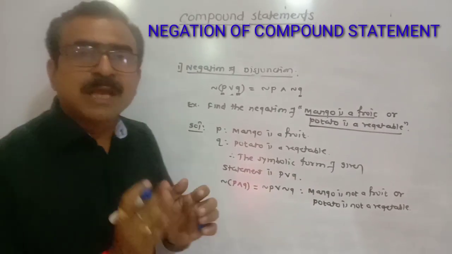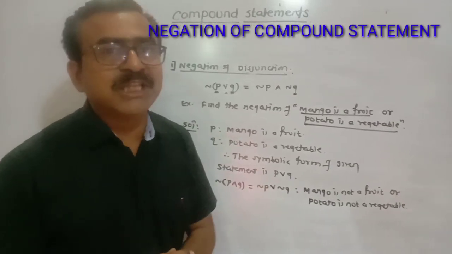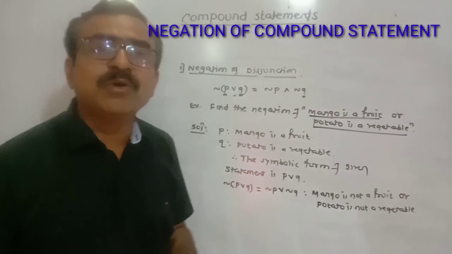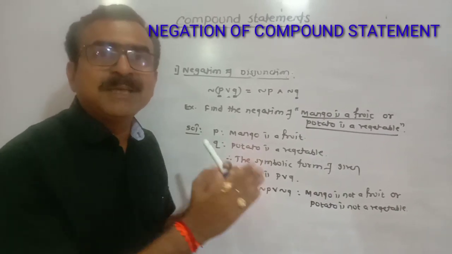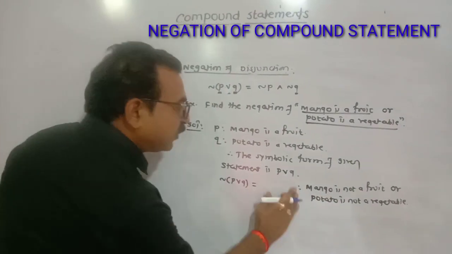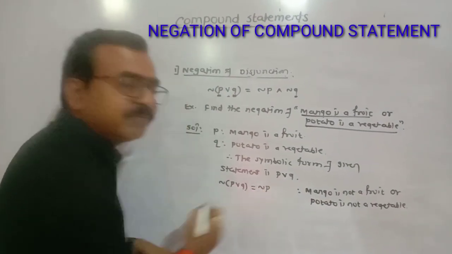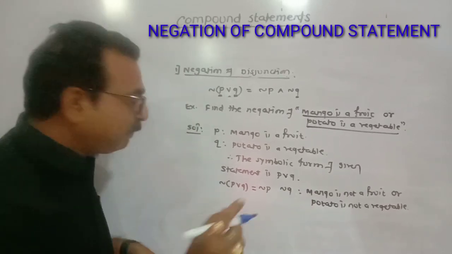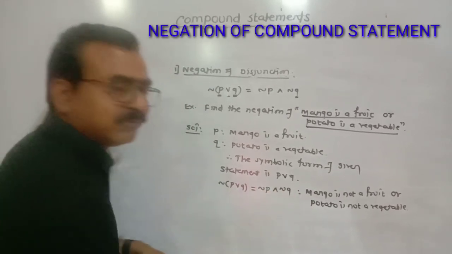Okay, now you have to find out the negation of the disjunction. So from the previous knowledge you know that while performing the negation of a disjunction statement, initially perform the negation of the first statement, then perform the negation of the second statement and replace OR by AND.